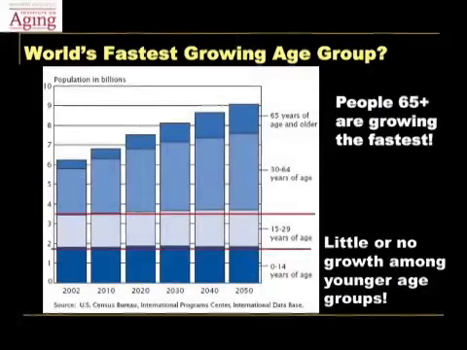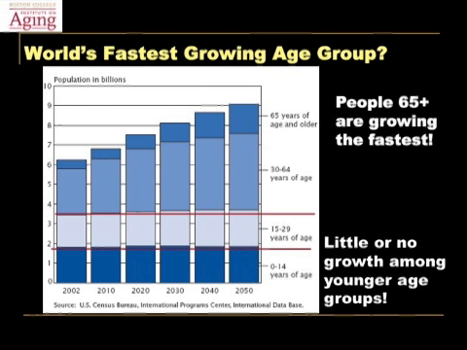This slide asks a question. I'm sure all of you know the answer, but let me walk you through the slide. Who is, in fact, the world's fastest growing age group? You'll notice that there's little or no growth among younger age groups.